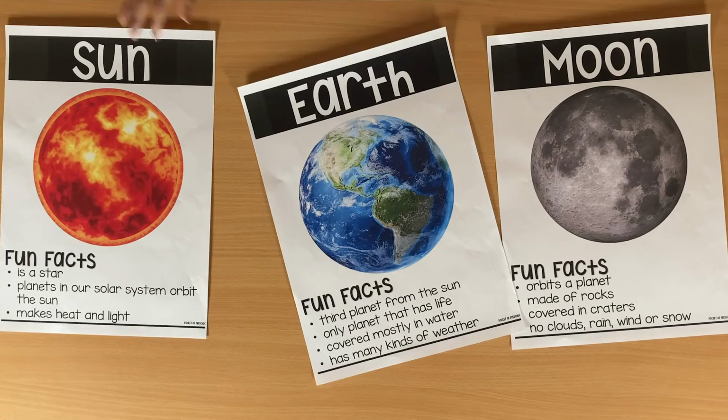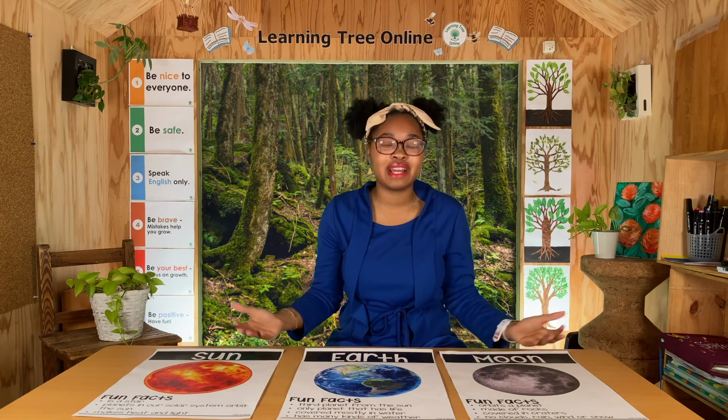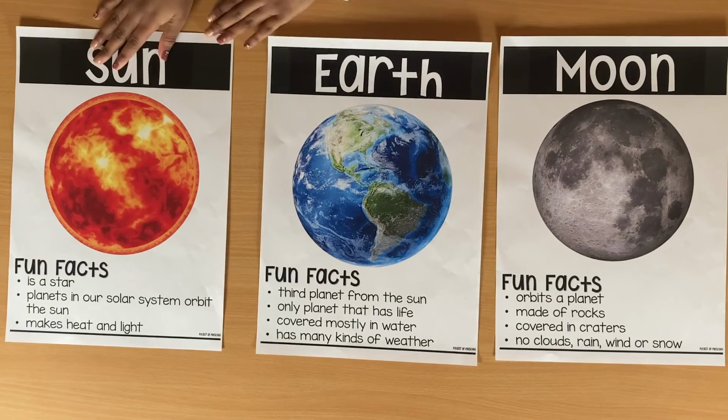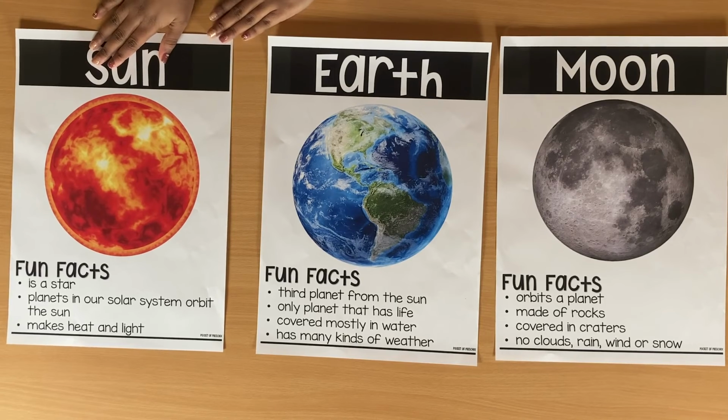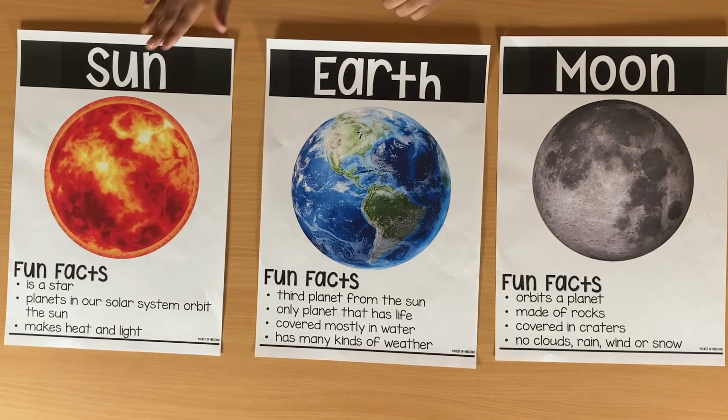Now, let's review. So we learned about the sun, the earth, and the moon. And mainly about the sun and how it changes everything and makes everything come alive. So the sun is the reason we get seasons because the earth is revolving around the sun.